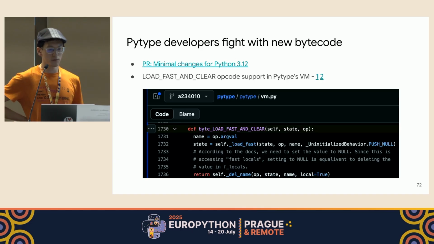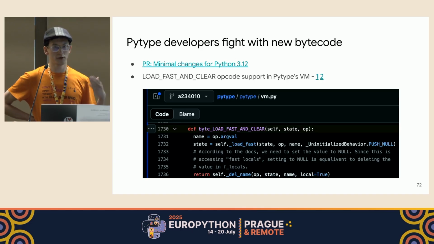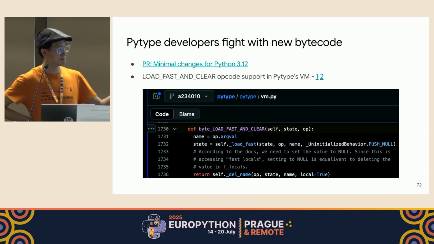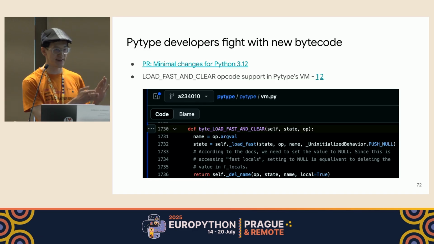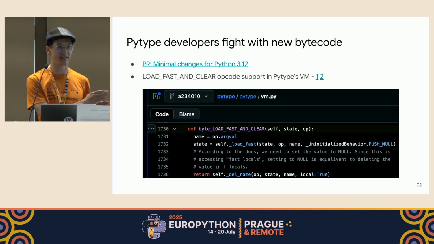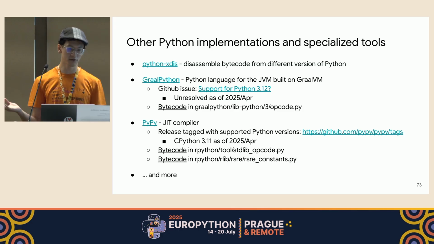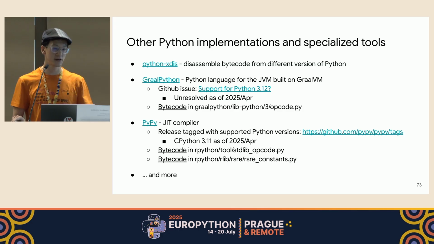One thing further to say is about the PEP we just mentioned. In fact, PyType needs to implement this exact bytecode in their open source solution, implement it in the VM, implement the way the VM handles it, and follow CPython's way of handling the same. So it's getting super complicated. There are also other examples besides PyType that do the same.